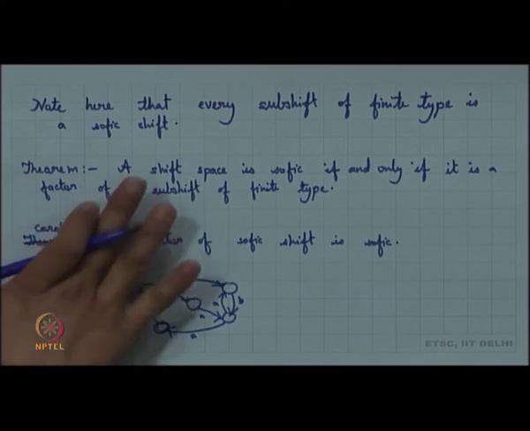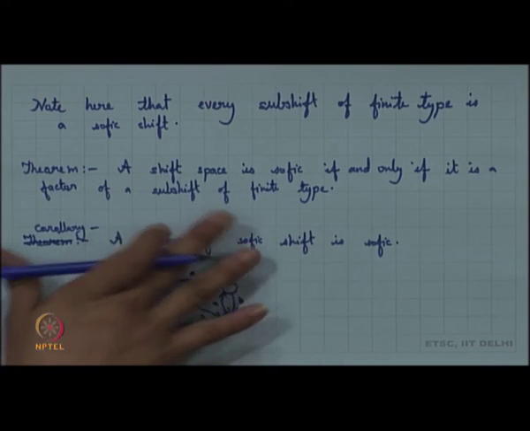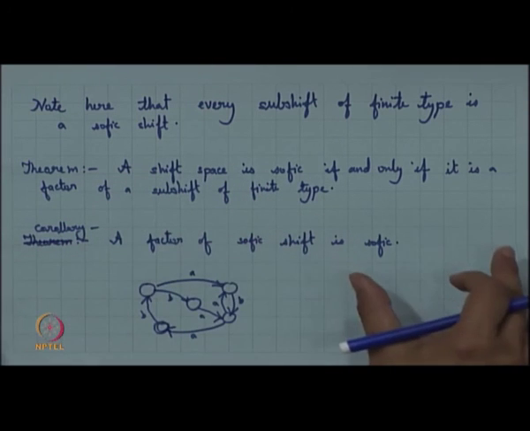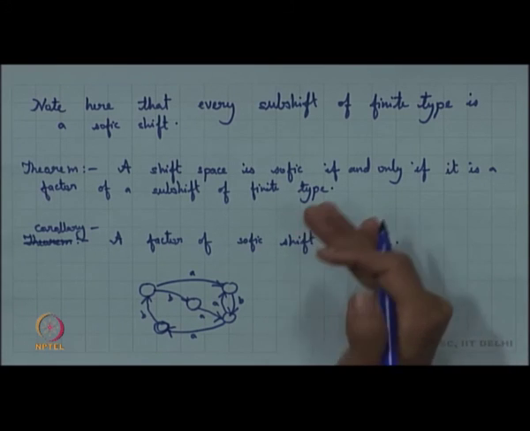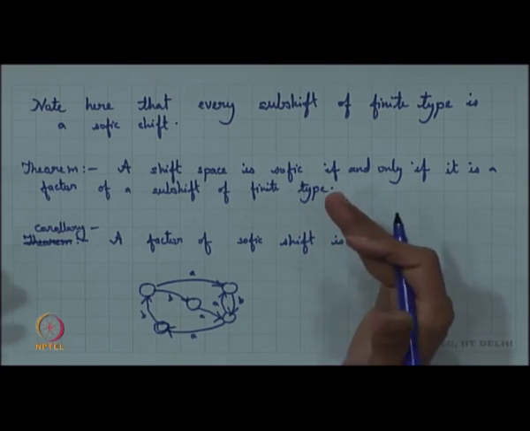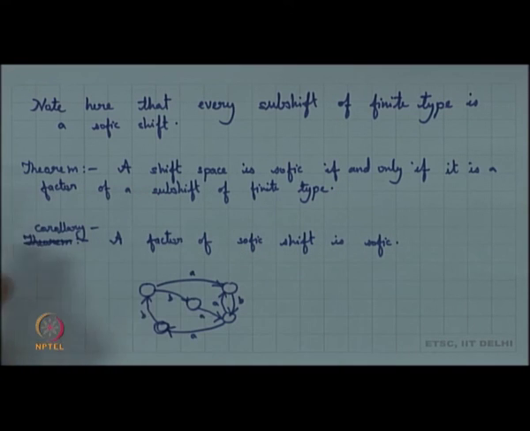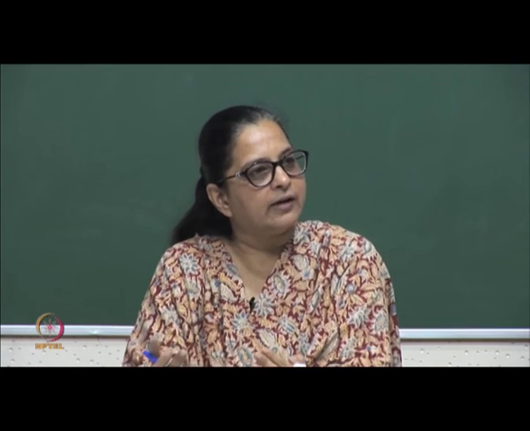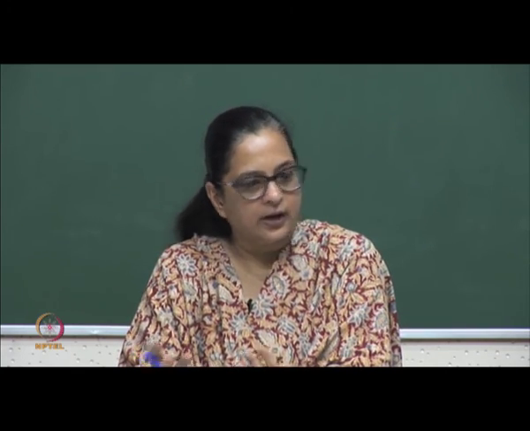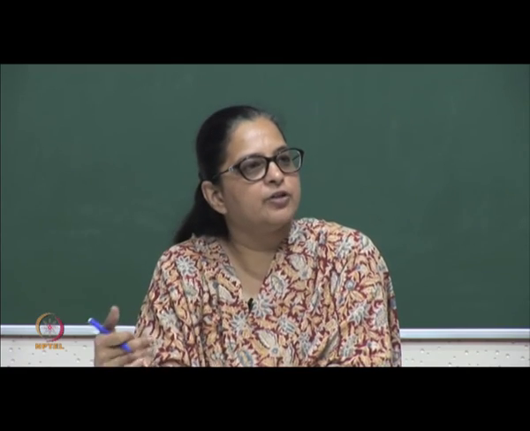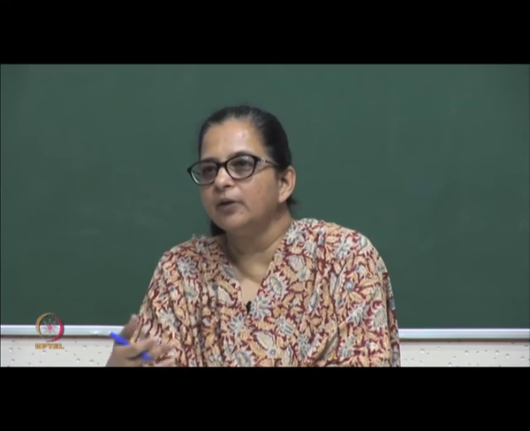Now, this construction is similar to the construction of finite automata. From the point of view of the theory of computation, the language of a suffix shift is just the language that can be generated from a finite automaton, and hence the language of a suffix shift is something which we can term regular.